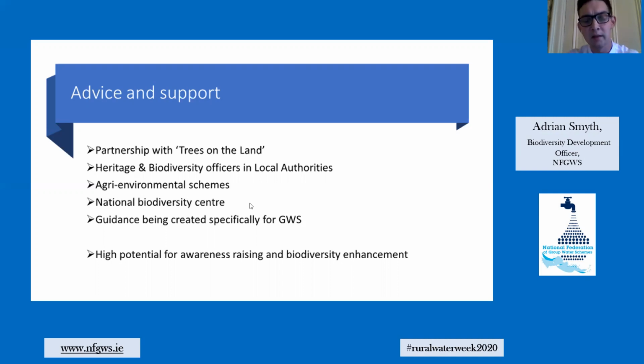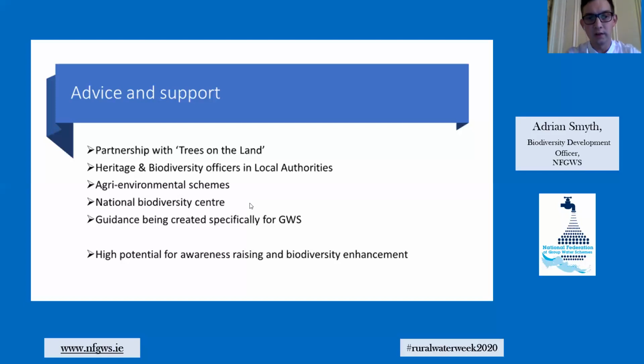Your agri-environmental schemes, we all know that there is a new, hopefully, agri-environmental scheme coming out either through the CAP or through other means to replace GLAS. Some of these schemes will have a co-benefit to your source. For example, the low input permanent pasture in GLAS currently promotes not using a huge amount of nutrients in your ground, which has a knock-on effect on your source.